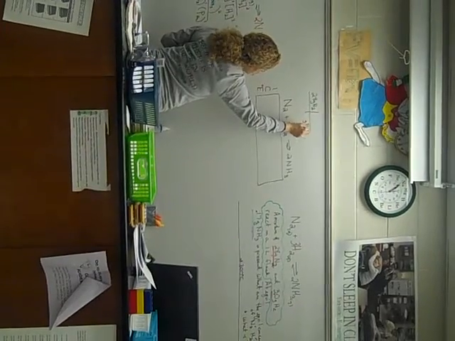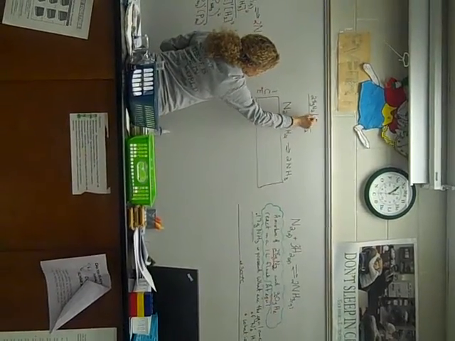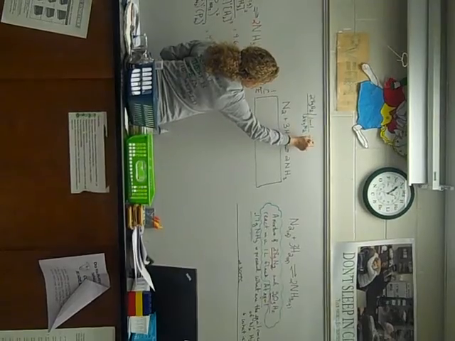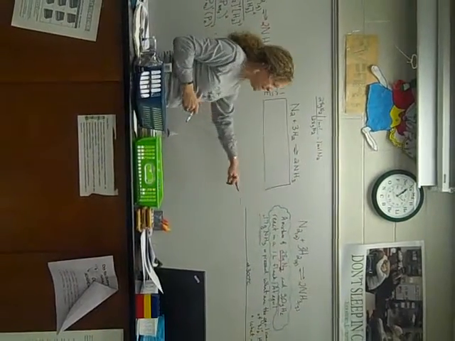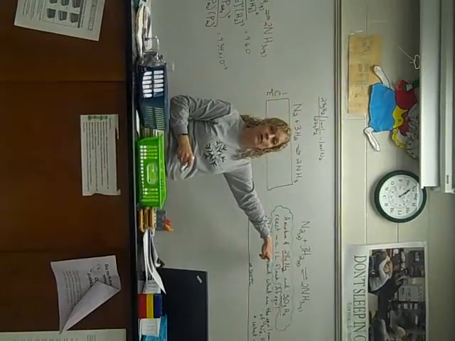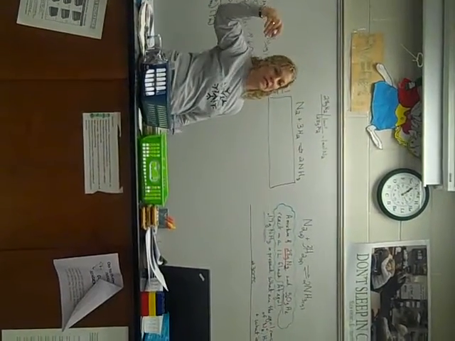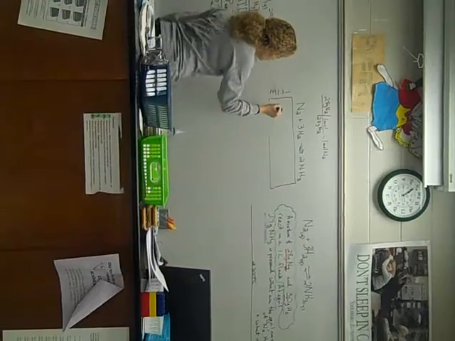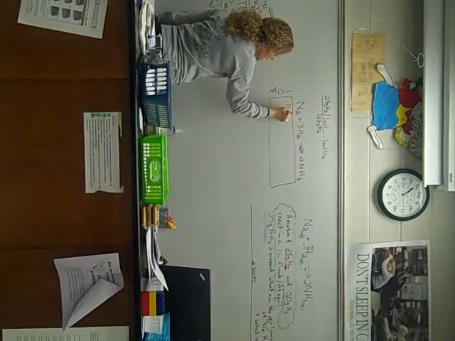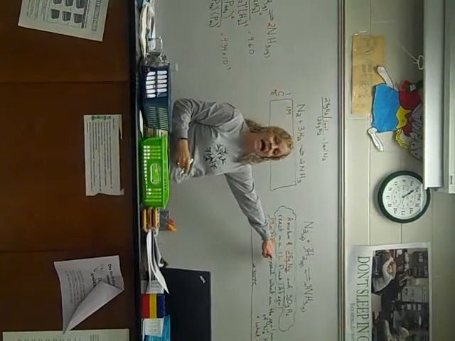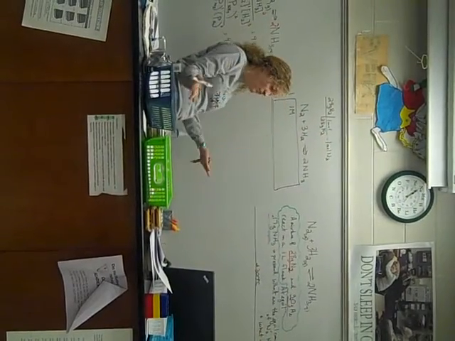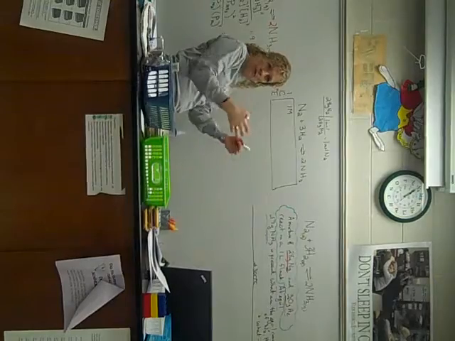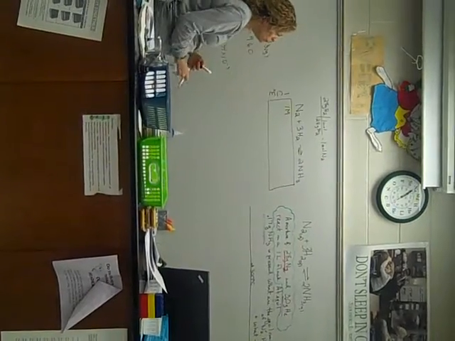About 28. 28 grams of N2 are 1 mole. So we actually have 1 mole of nitrogen, and I've made this kind of easy. Our flask is 1 liter. So what's 1 mole divided by 1 liter? 1 molar. So that was kind of easy. If this had been a 2 liter flask, we would have had 1 mole divided by 2 liters. It would have been 0.5 molar. However, whatever size flask you have, you use that as your volume.